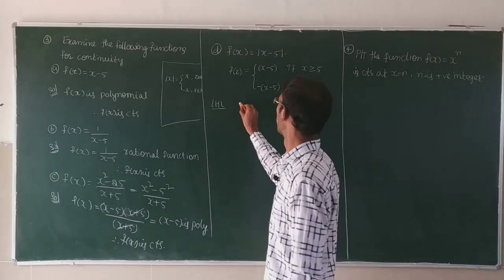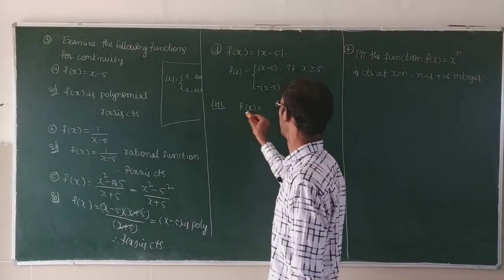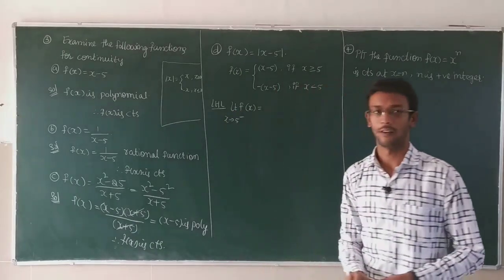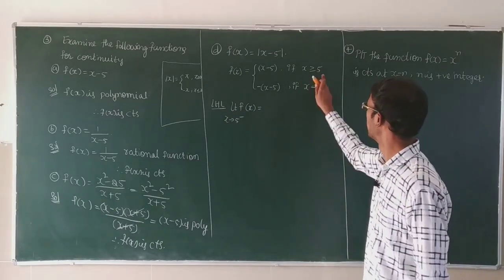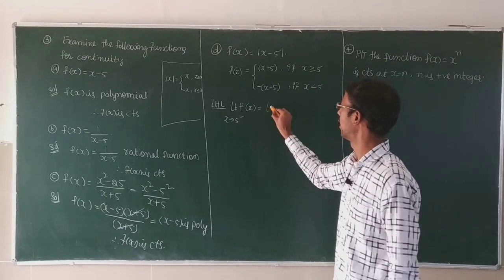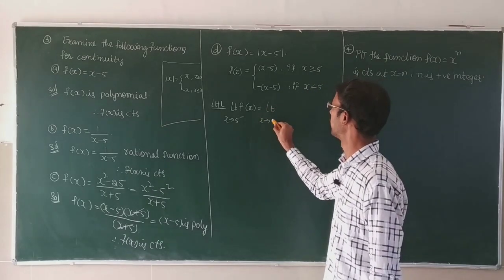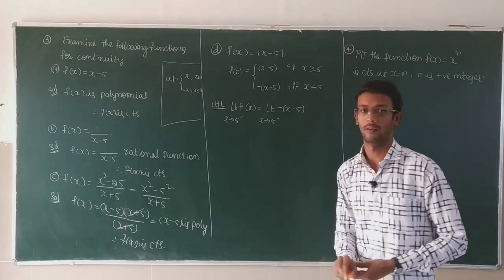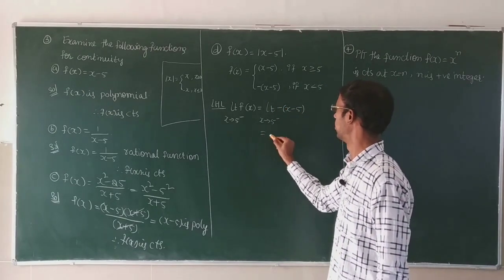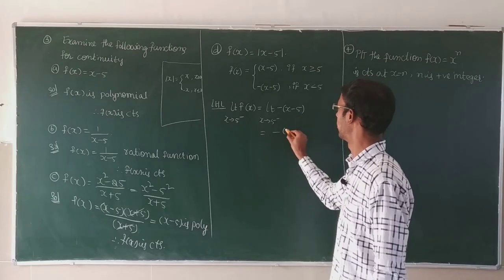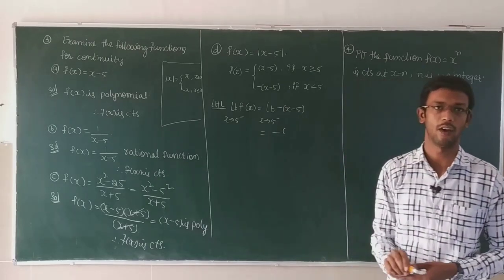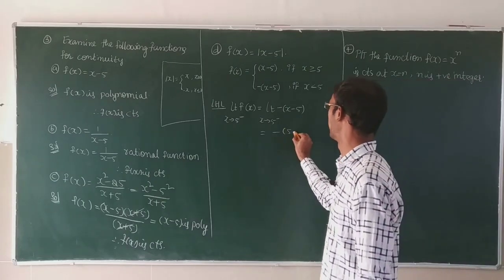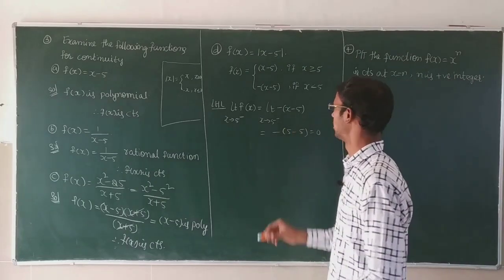LHL: limit x tends to 5 minus of f of x. Here x is less than 5, so the value is minus of x minus 5. Now we substitute the value: x tends to 5 minus, a slightly smaller value, so we can write 5 only. 5 minus 5 is 0.